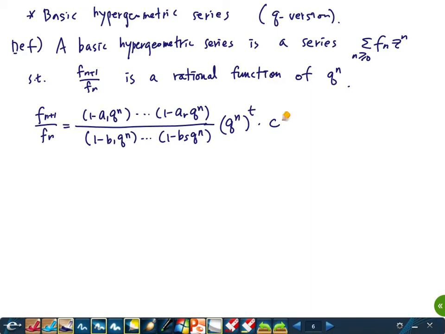But for some reason, we will assume that, without loss of generality, t is 1 plus s minus r. Because we can just throw in more factors there and there by assuming that b_s equals 0, then it doesn't really matter. So we will consider this thing.